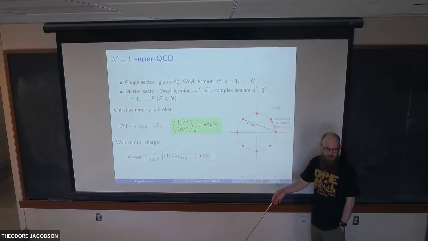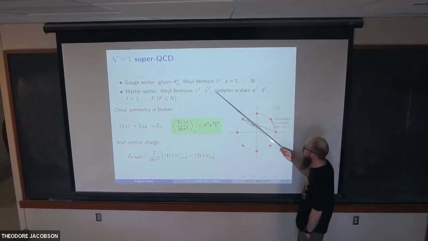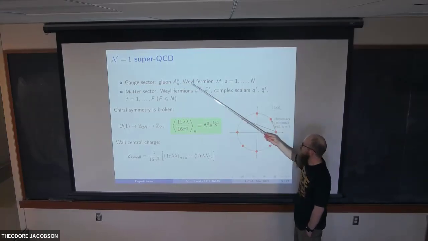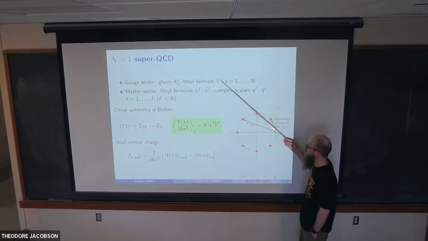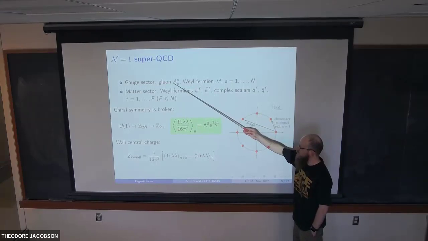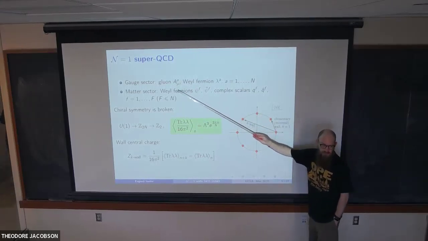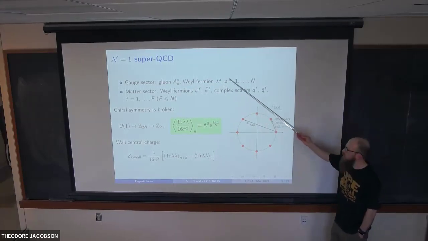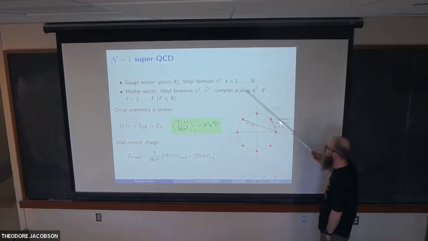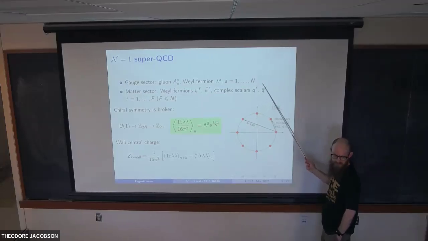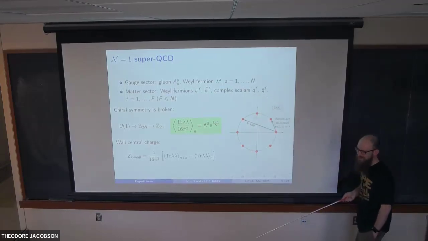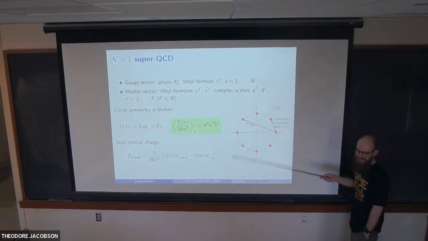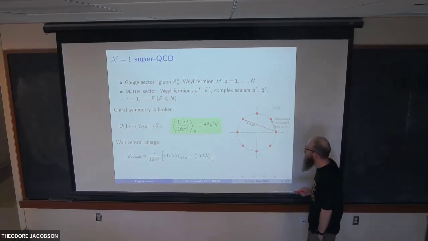So in supersymmetric QCD, we need to add superpartners for all of these particles. For the gluon, we add the Weyl fermion, which is the gluino. The gluon is obviously in the adjoint representation of the gauge group, and the gluino must also be in the same representation. I'm sorry, there is a typo here, there should be N squared minus 1, because for instance, you have 8 gluons, right? Sorry about that.